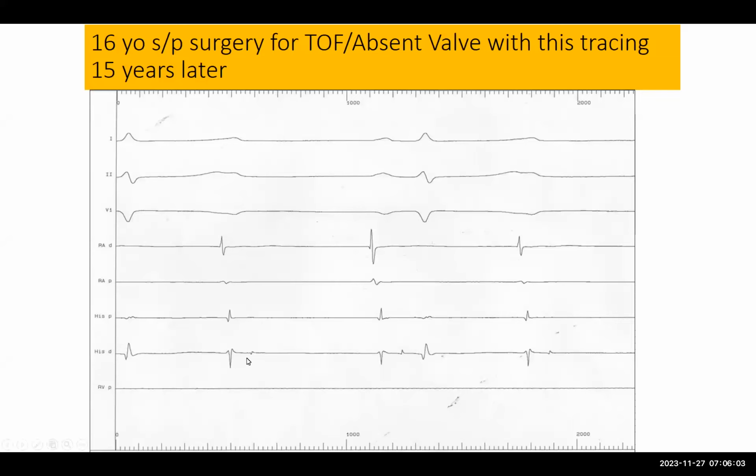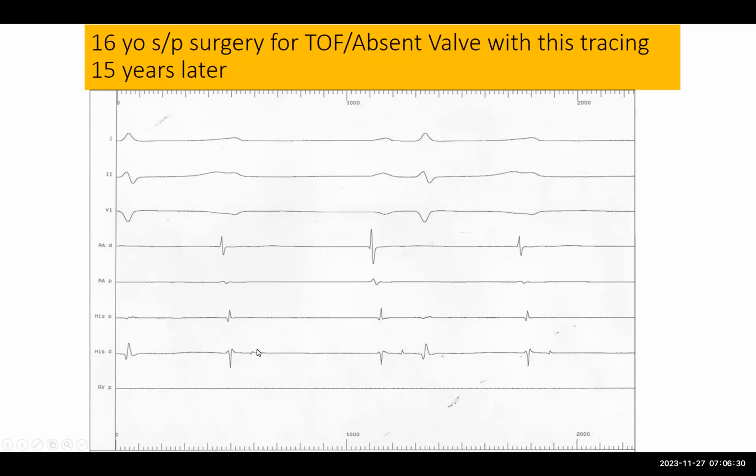So what we can do is record an impulse from the His, and we can record the atrium. We assume that the interval from the atrial depolarization to the His represents the AV nodal conduction. Then once we see the His, we assume that the interval from the His to the V represents the His-Purkinje conduction.